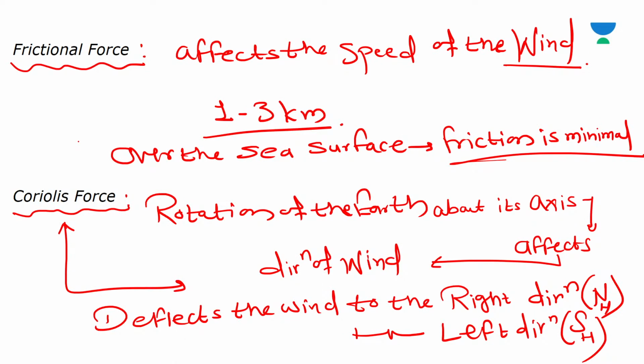Now the Coriolis force is directly proportional to the angle of latitude, and it is maximum at the poles and absent at the equator.